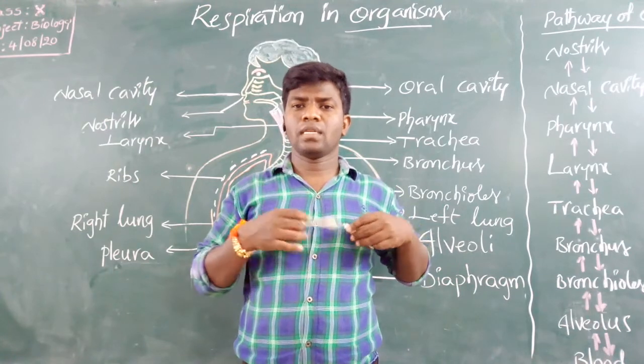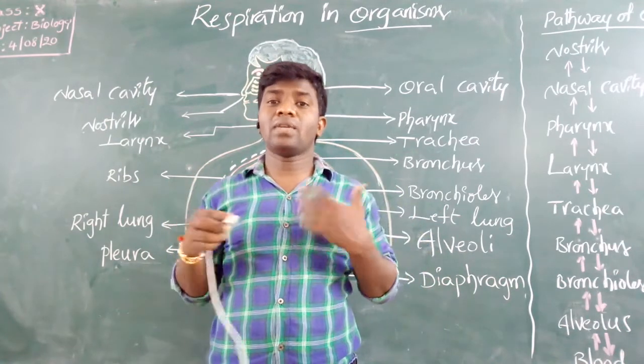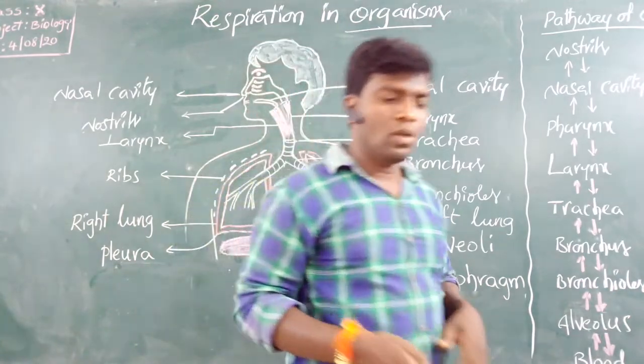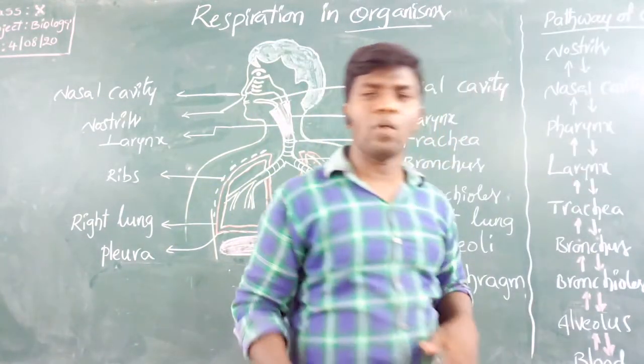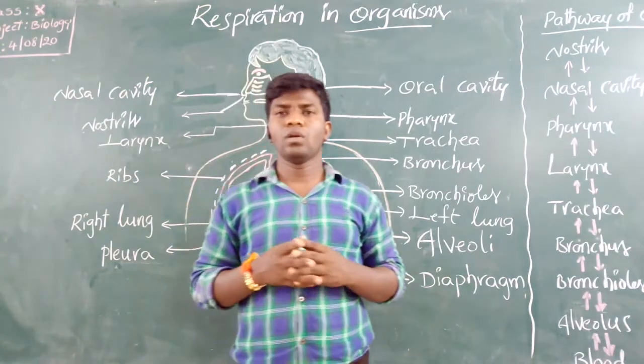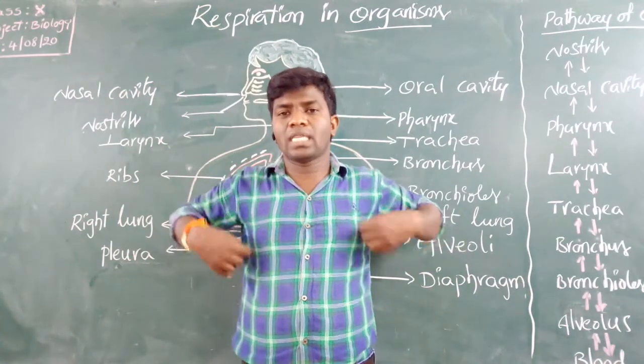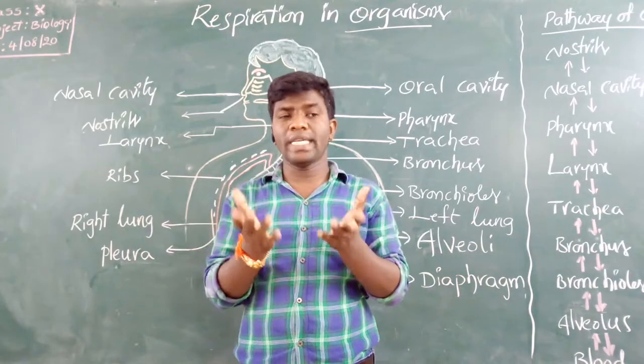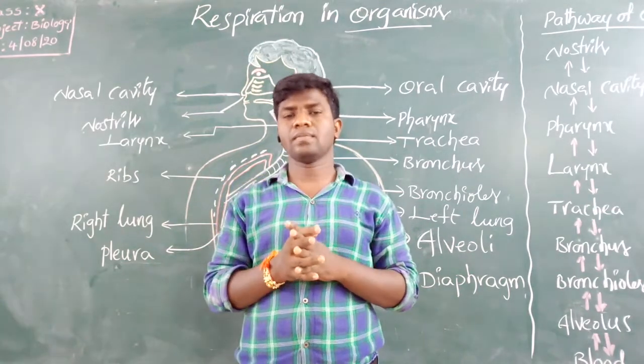Automatically, the chest cavity volume is increasing. You can do this at your home with the help of a measuring tape. So hold this tape tightly and breathe in and out deeply for a few seconds.